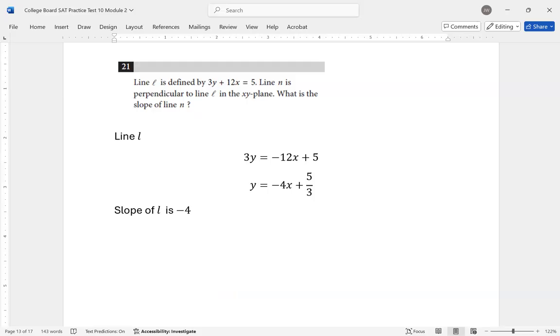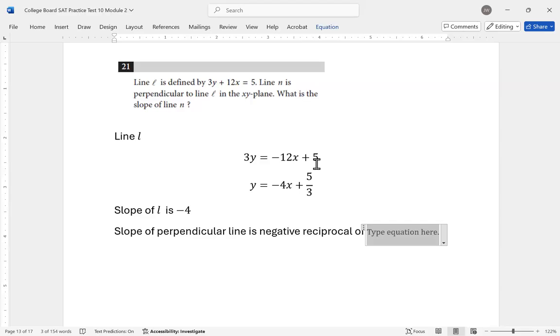Line N is perpendicular to line L. The slope of a perpendicular line is the negative reciprocal of the other line.